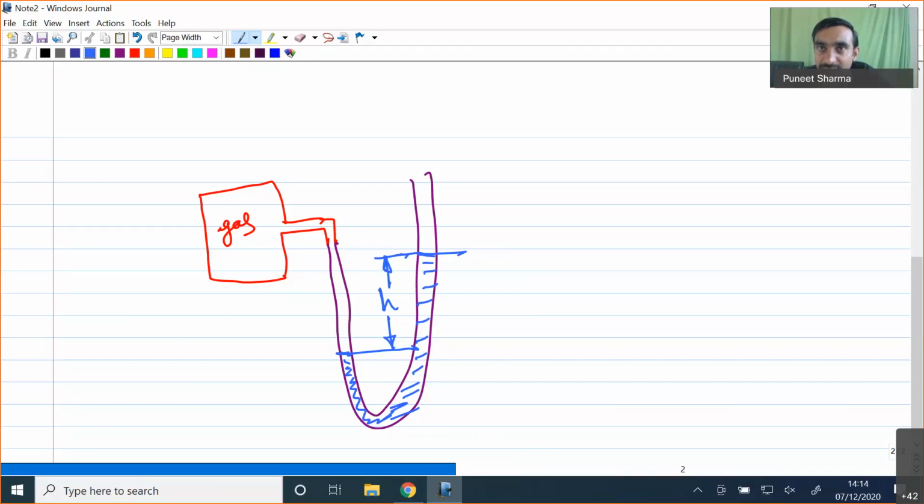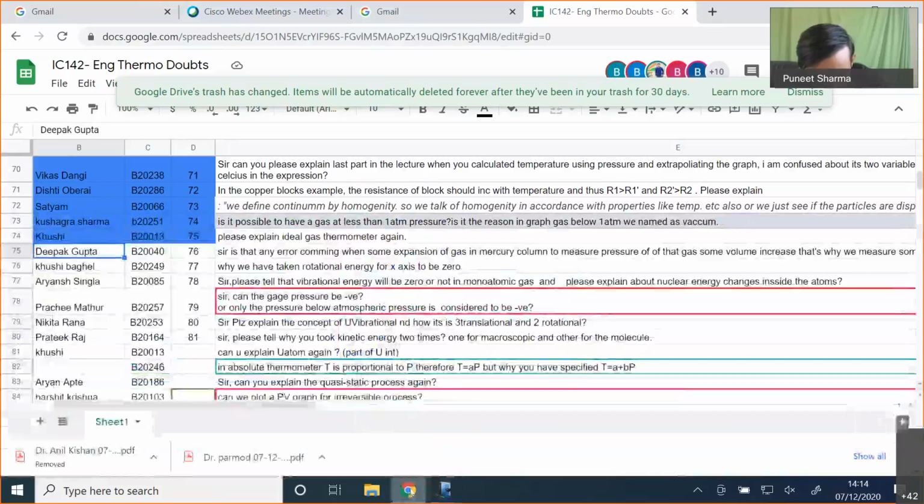Many times we go for very small tubes also. But we don't always use mercury as the manometric fluid; many times we use water also, alcohols also. So that's why in general I am giving that statement. Thank you.